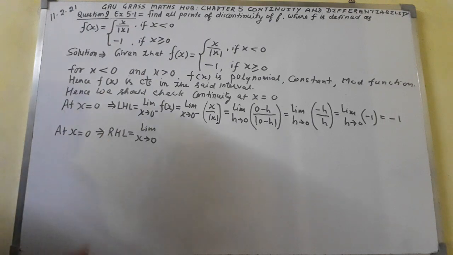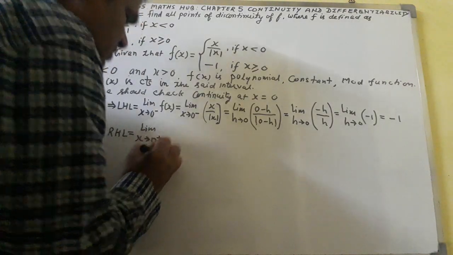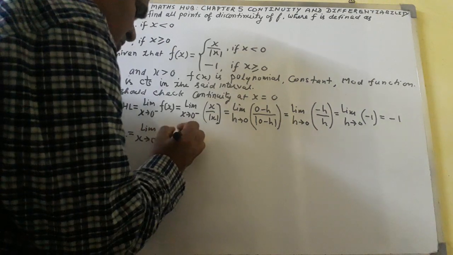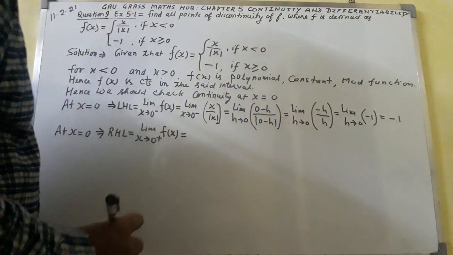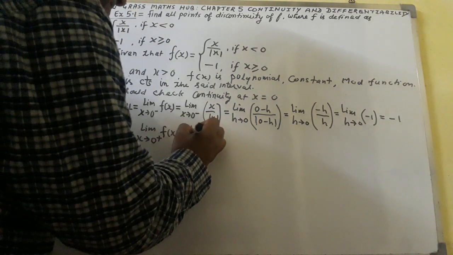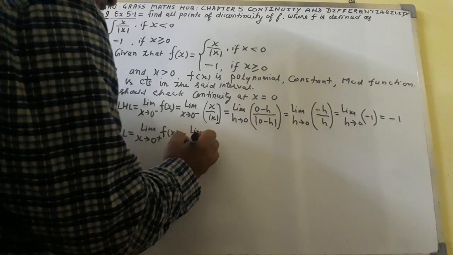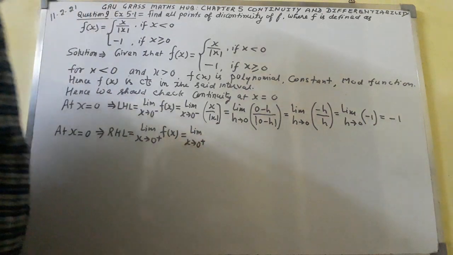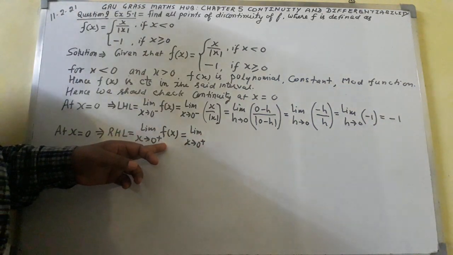Right is written, here I should write plus. In place of f of x, what should I write?